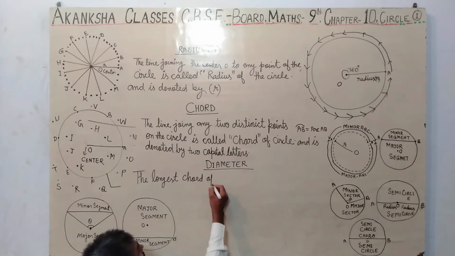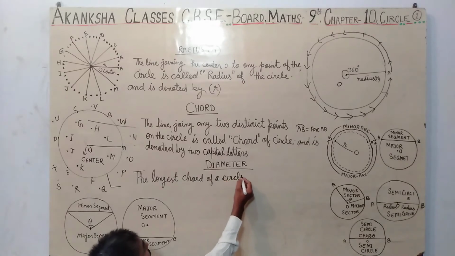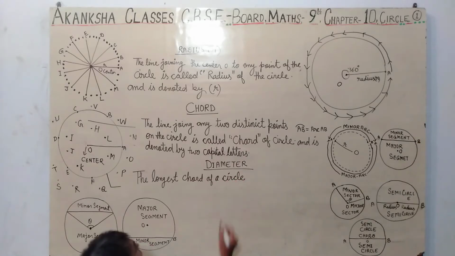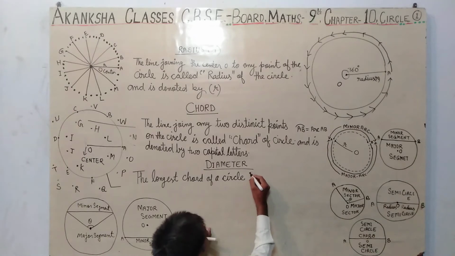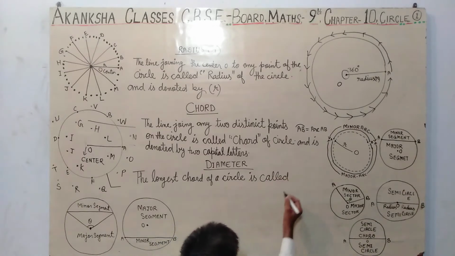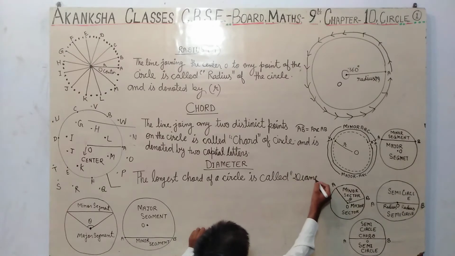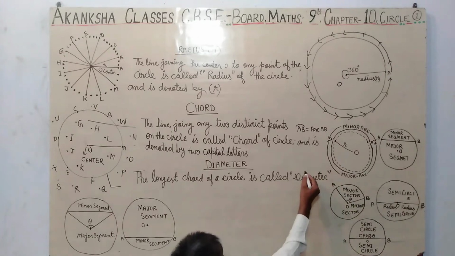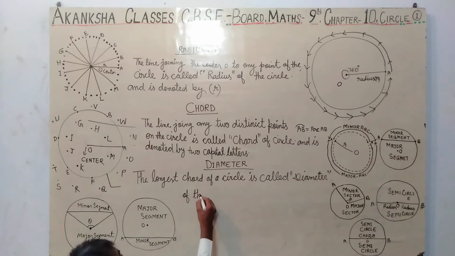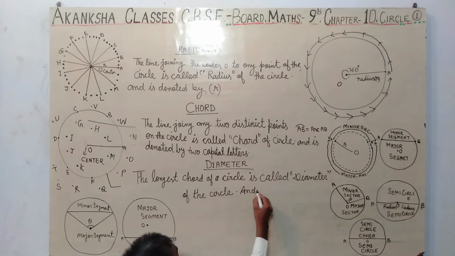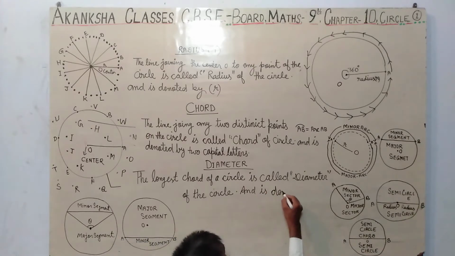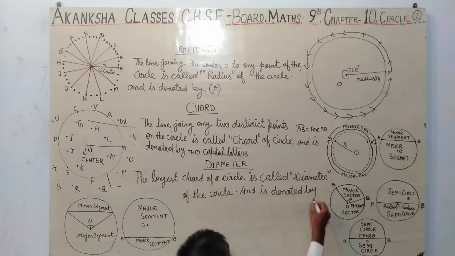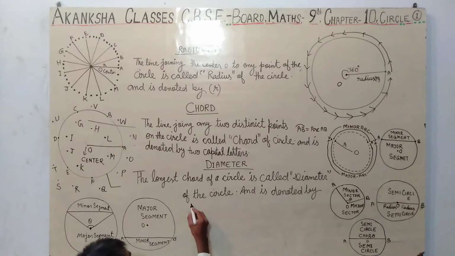The longest chord of a circle is called the diameter of the circle, and is denoted by small d.